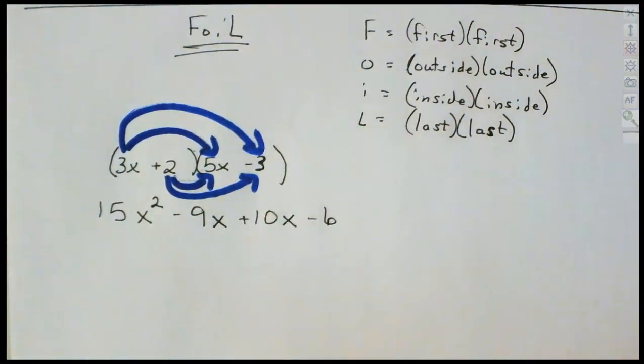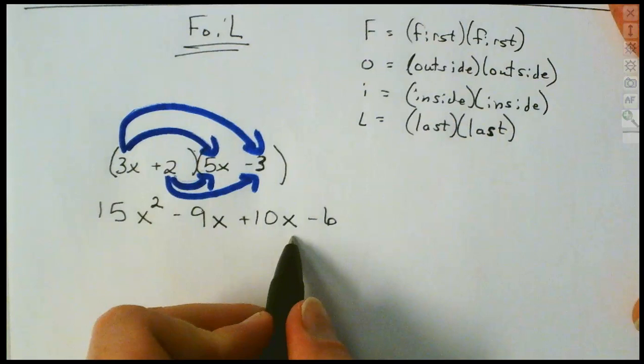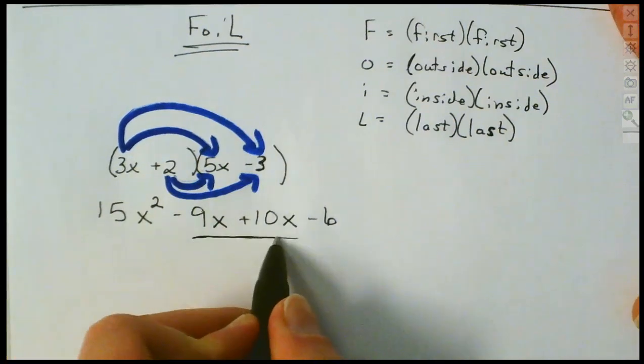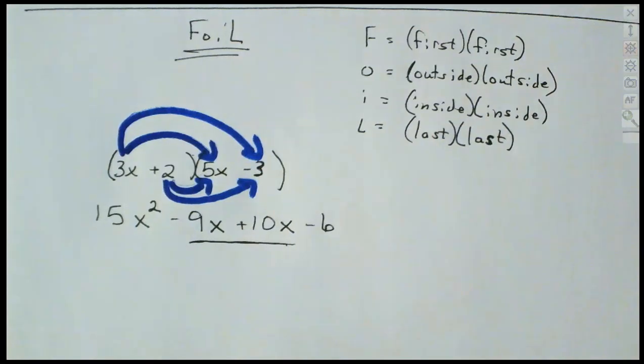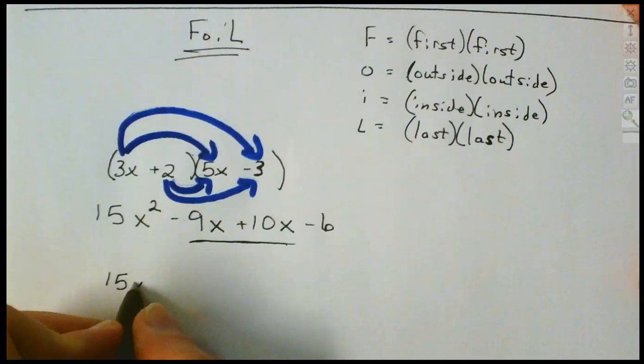Now, what we need to do here is see if we can combine some like terms together. Like terms mean they have the same variables involved. In the middles, a lot of times we'll have like terms, okay? And these are like terms here. We always write our polynomial with the highest power first. So 15x squared is first.